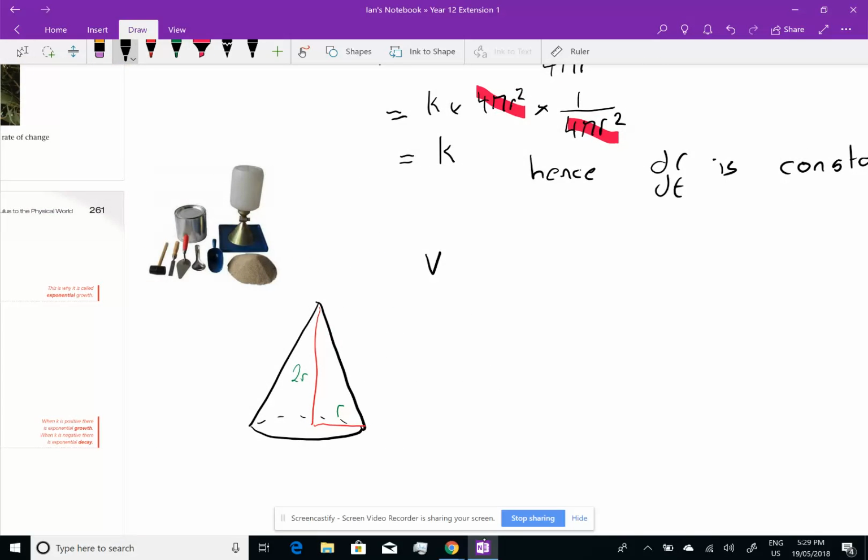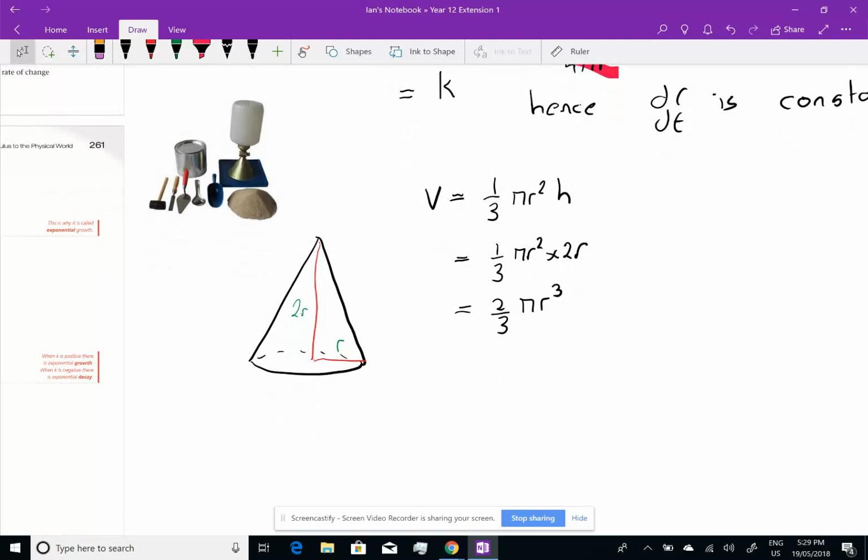The volume equals 1/3 pi r squared times the height. But we know the height is 2r. So 1/3 pi r squared times 2r, which gives me 2/3 pi r cubed. Well, the first thing I would suggest doing, let's find dV/dr.